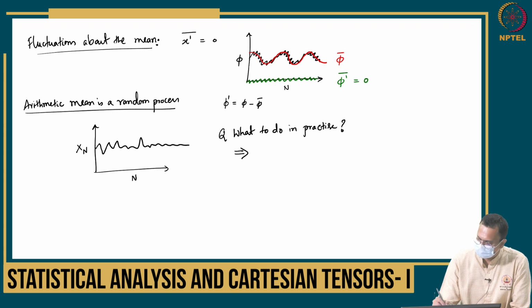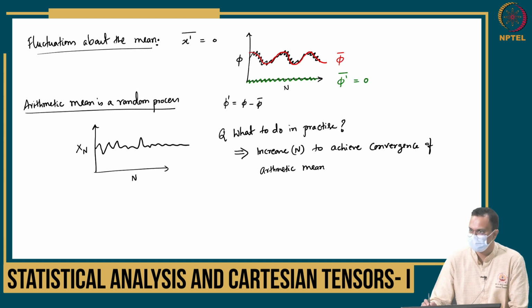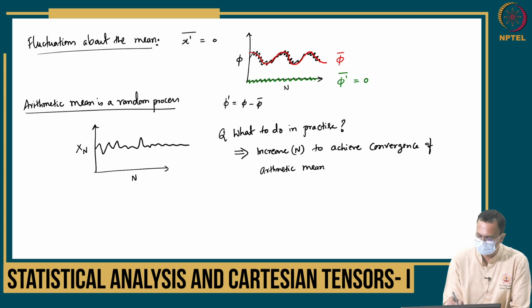So increase n, that is the samples, to achieve convergence of the arithmetic mean. Something like you have seen in the signal, when it is coming to this part here, it is no longer varying so much.